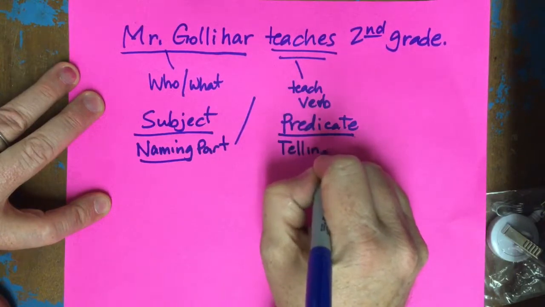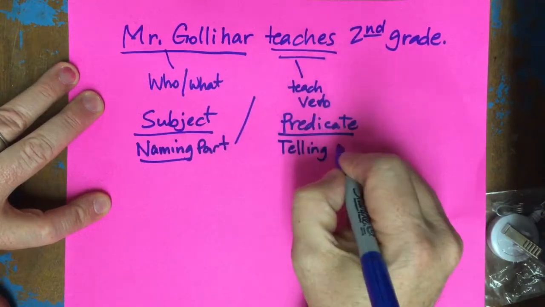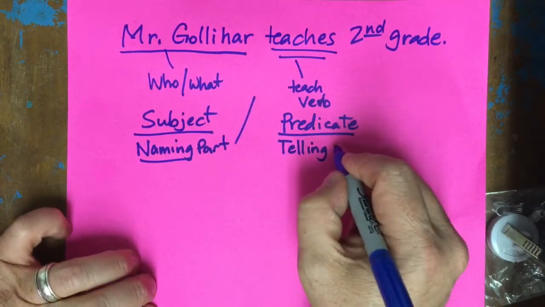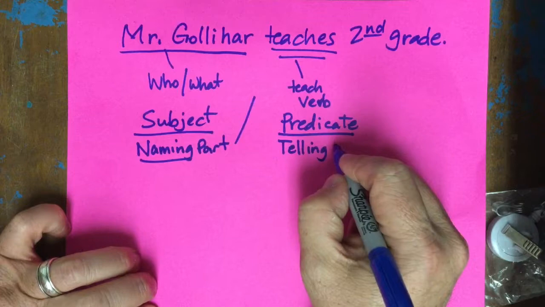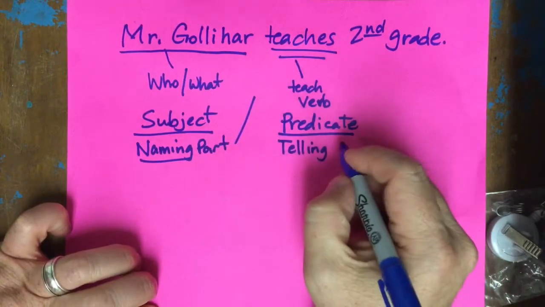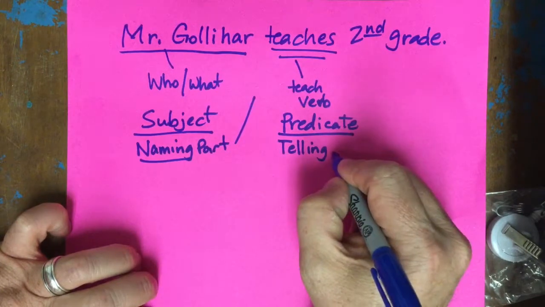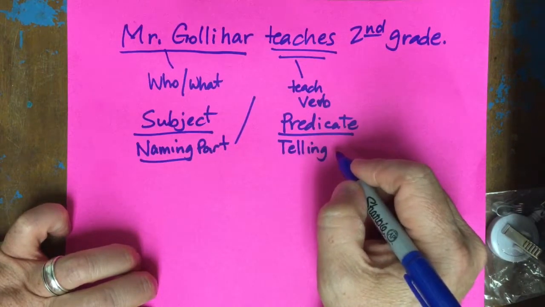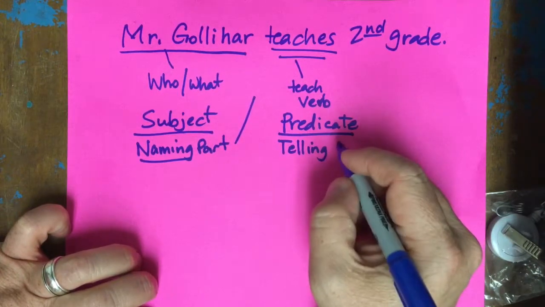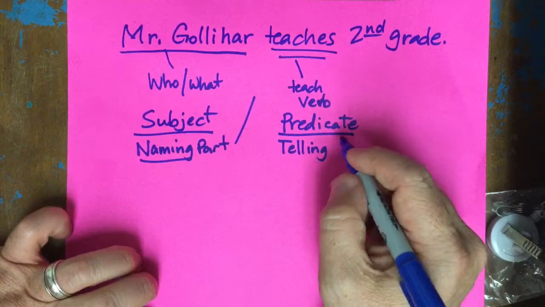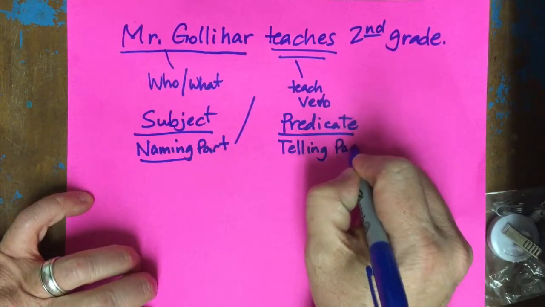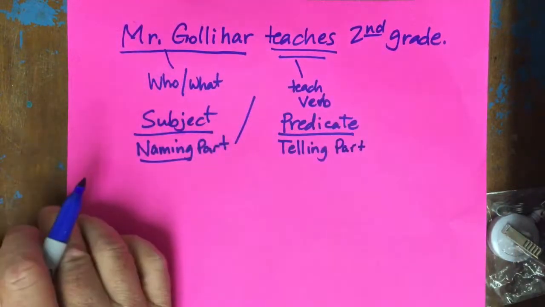The subject names the person, place, or thing in the sentence that is going to be doing something. I hate to use the word action because a lot of times there's not an action in the sentence. There are some states of being that are verbs, but they're not actions. So that's why we like the telling part, where it explains what the naming part is doing.